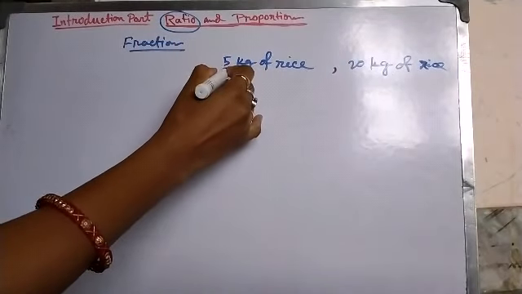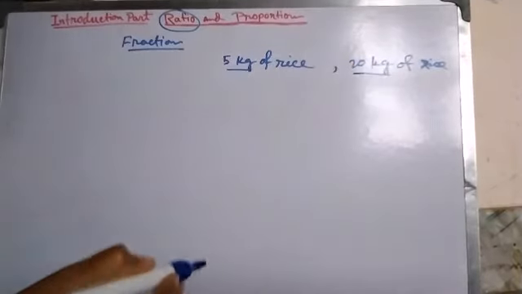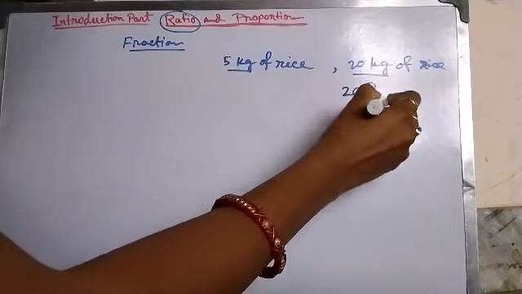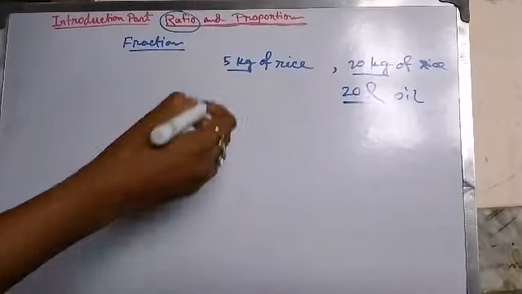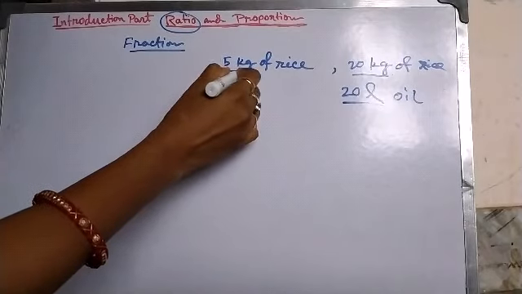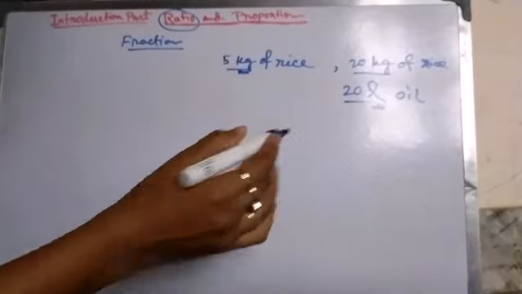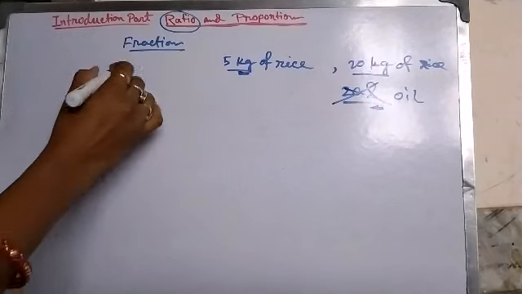So here the quantity is 5 kg, here is 20 kg. If I use 20 liter oil, then the quantities are different. Here is kg, here is liter. So we cannot make a ratio here, so this will not be used.